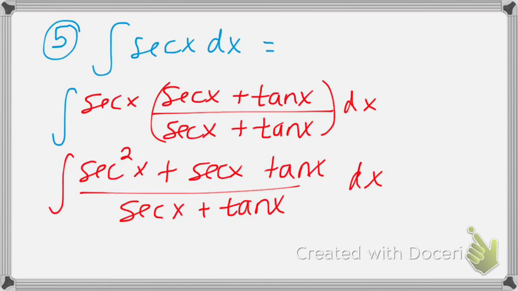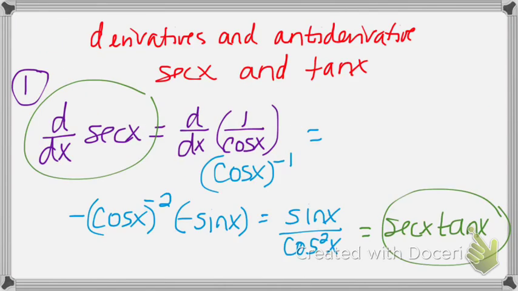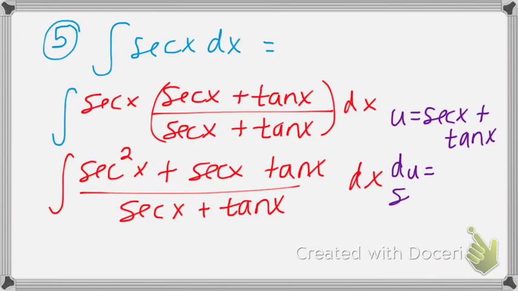Okay, the reason that this works is because now what if I let u be the bottom? If I use these rules that I just gave you and that I asked you to learn, what's the derivative of secant? So that's the very first one I showed you, secant tangent. And then what's the derivative of tangent?